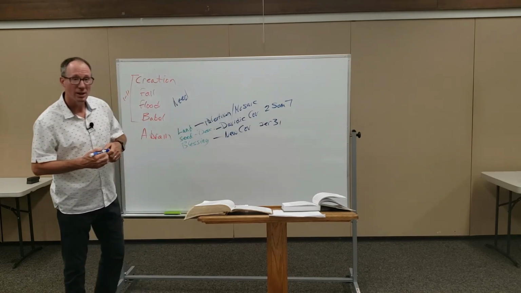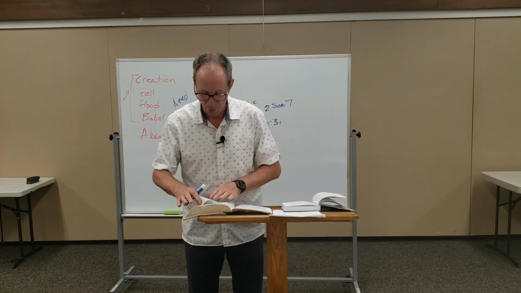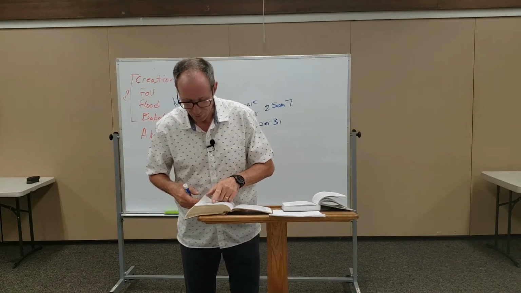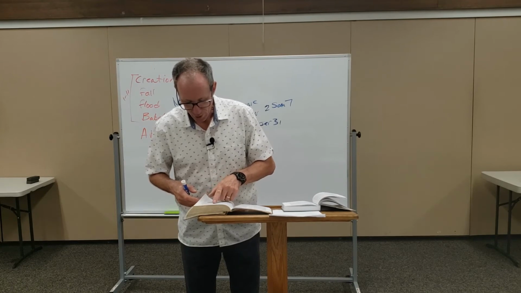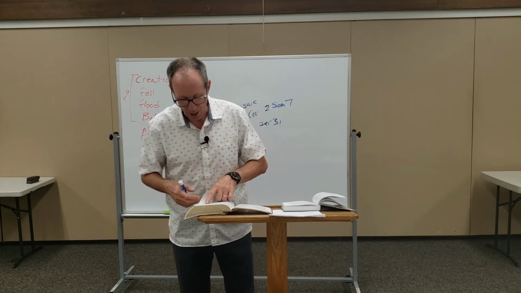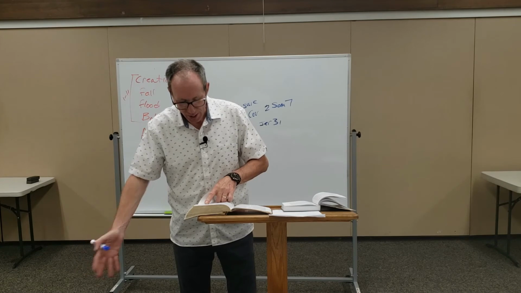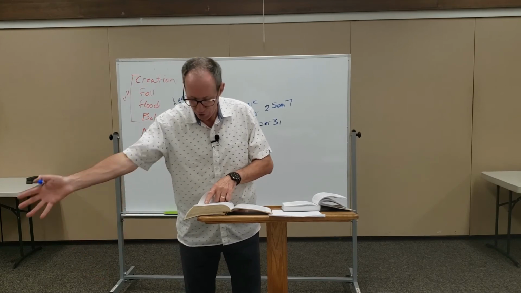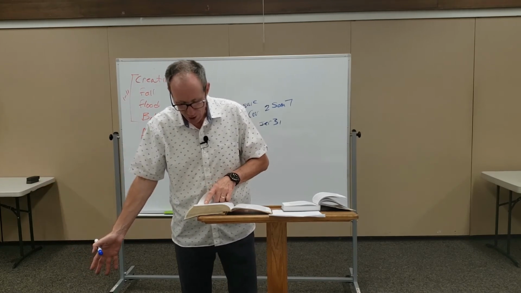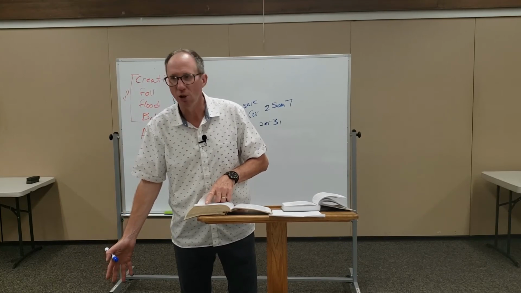Genesis 15. What's Genesis 15? What do you find there? All right, so we read down a bit. Abraham is complaining to God, I don't have a son. I continue to be childless. The heir of my house is a servant from Damascus. God says, no, this man will not be your heir. Your very own son shall be your heir.